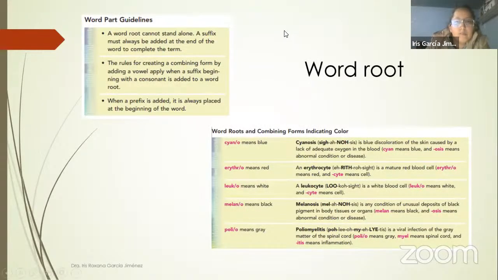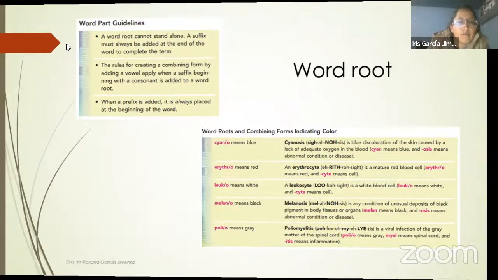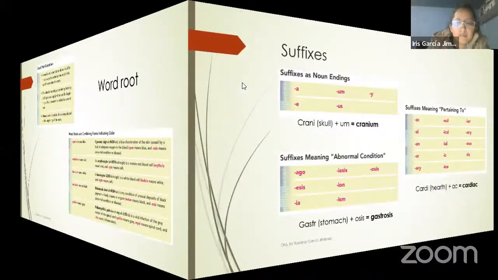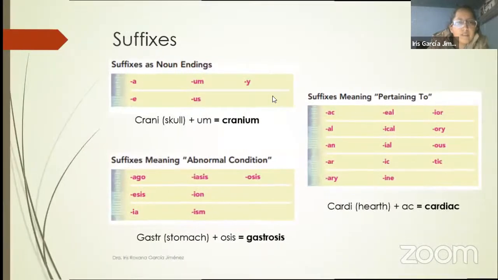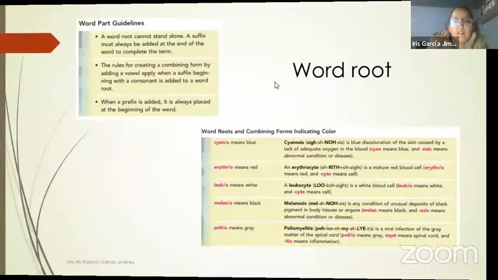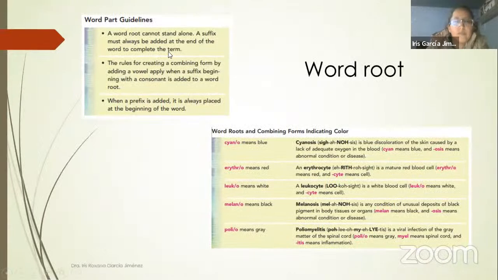For example, we have the word part guidelines, talking about the word root, that explain the rules. First of all, a word root cannot stand alone. It means that the suffix must be added at the end of the word to complete the term.